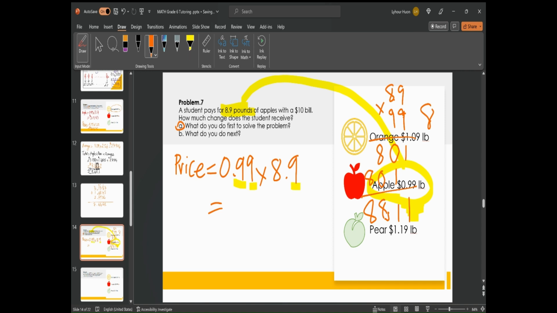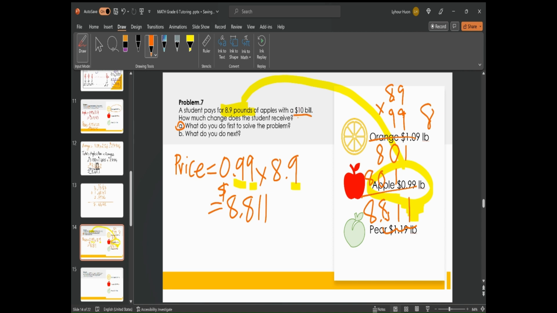So our answer will be one, two, three: $8.811. Now we have a $10 bill.